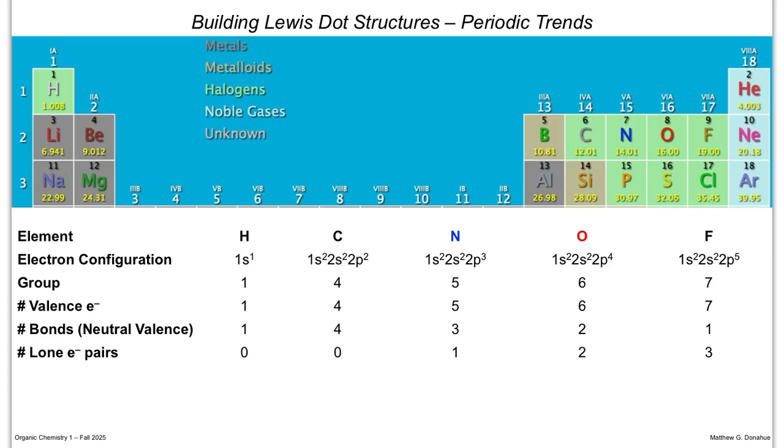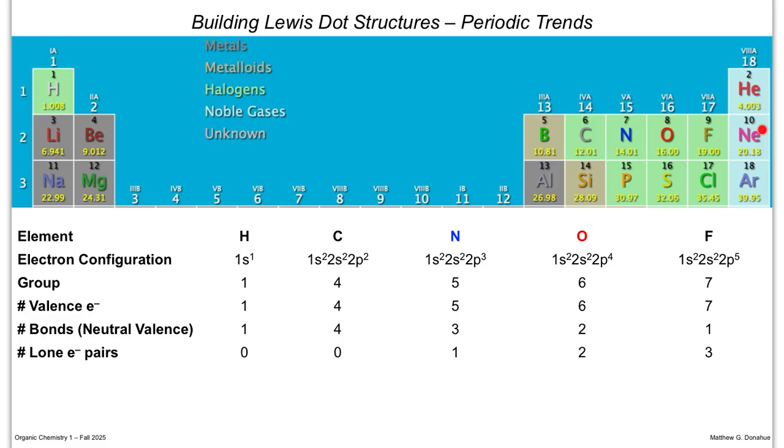So let me just preface this by saying a lot of students don't like my tables. I like to learn from tables because it helps me to see the trends and the things that we have to use to solve problems. So I'm going to go through this and then explain what each little bit is useful for. So the cropped version of the periodic table, that's really the elements that we need to consider for this course.